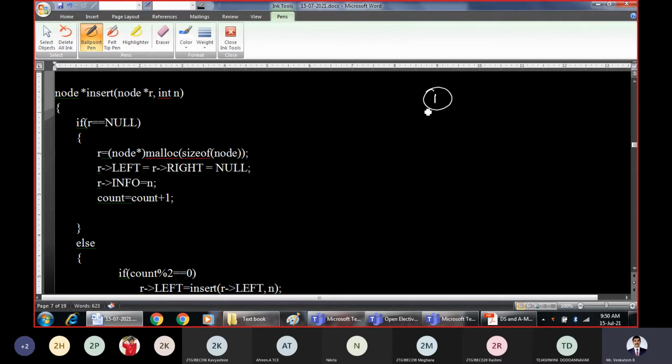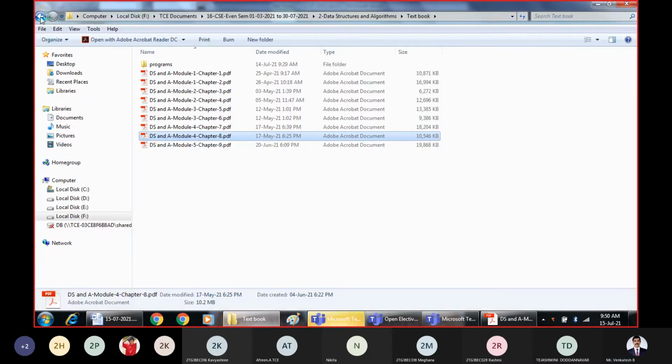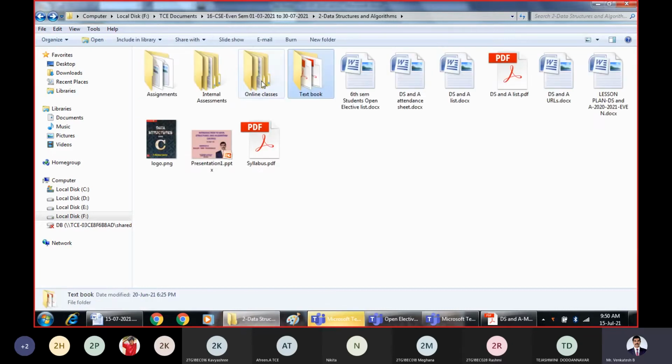If we have the previous tree here, I'll directly show it to you.